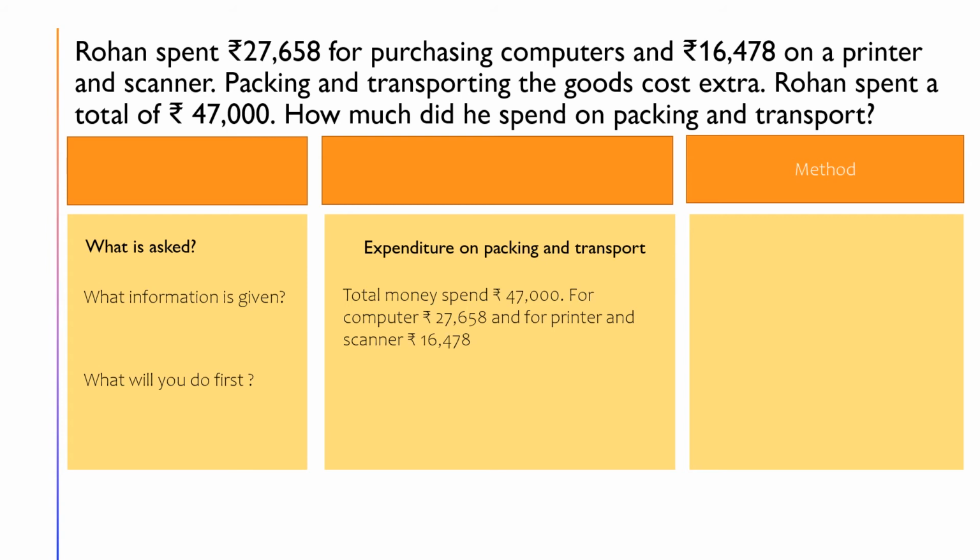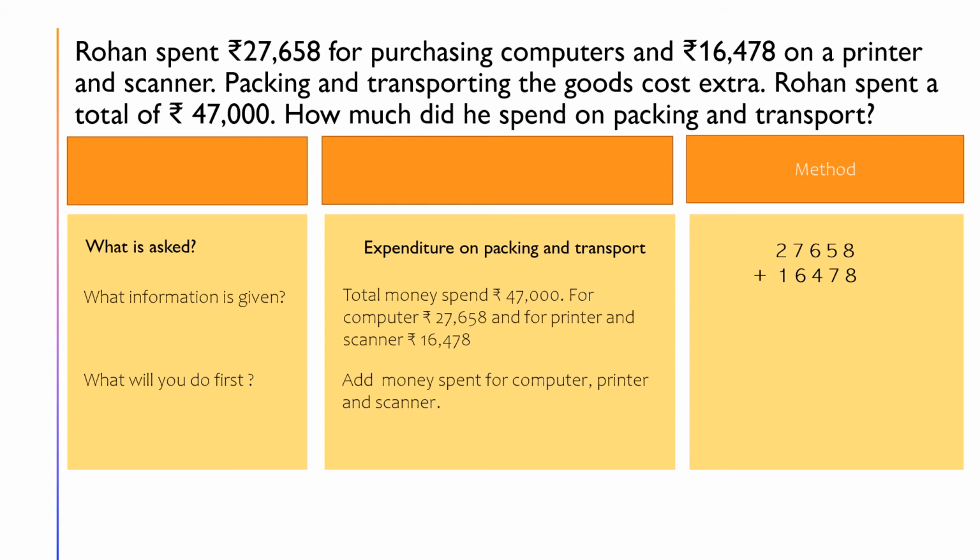For computer rupees 27,658 and for printer and scanner rupees 16,478. So what will you do first? Add the money spent for computer, printer and scanner. So in the third column we will do addition.